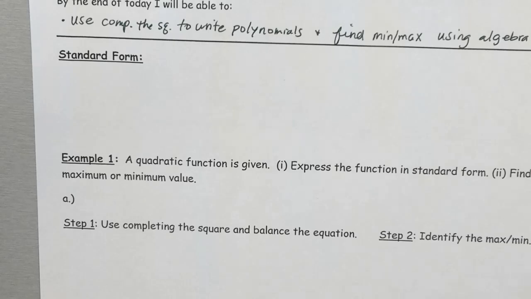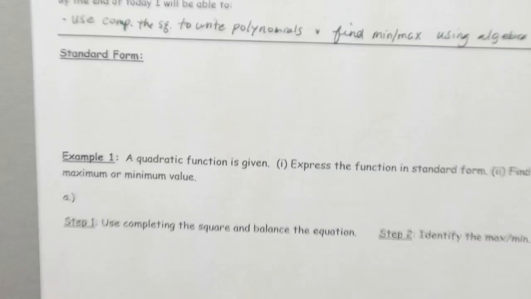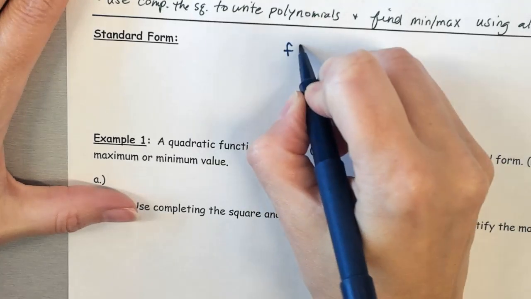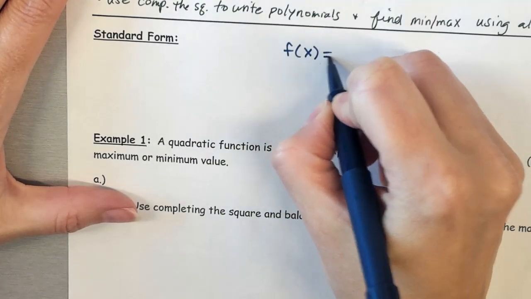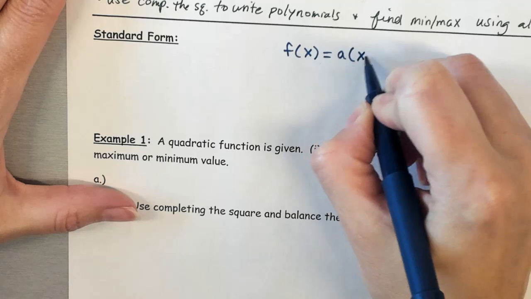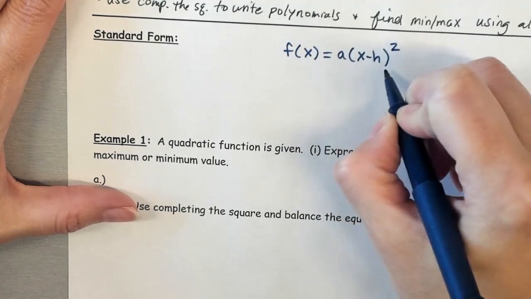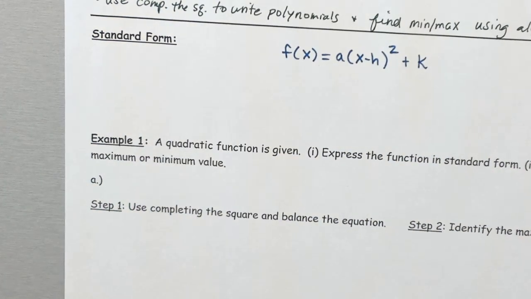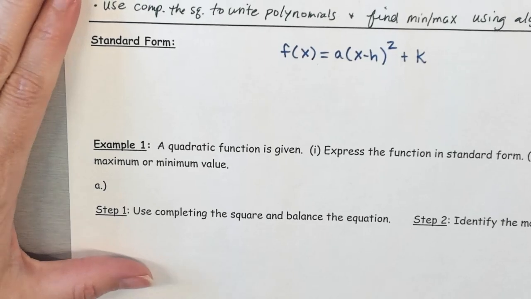So for your standard form, this book calls standard form vertex form. And so in this textbook, when it says standard form, they really mean this form: f of x equals a times x minus h squared plus k.